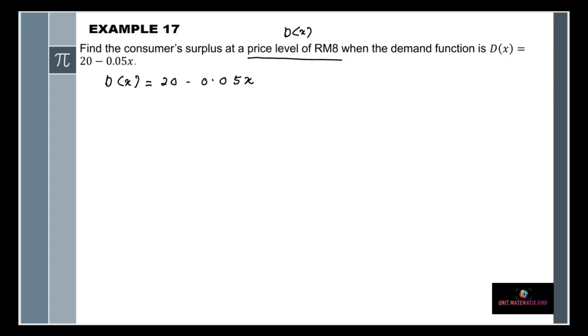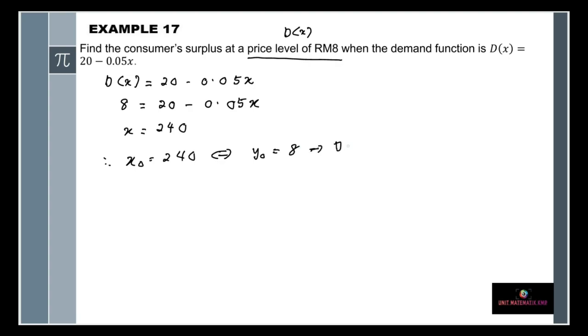D(x) is equal to 8, so 8 equals 20 minus 0.05x, so x equals 240, which means our x0 equals 240, which implies y0 equals 8. This one is coming from D(x). Okay, but the question asks to find consumer surplus.